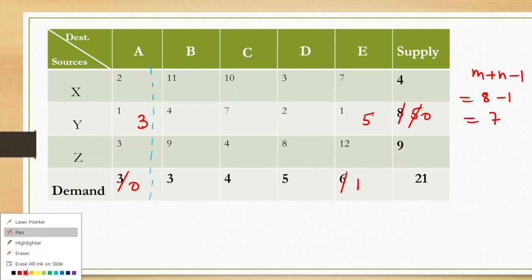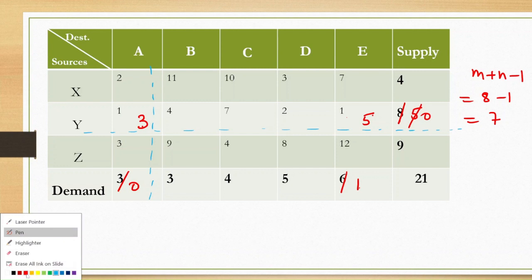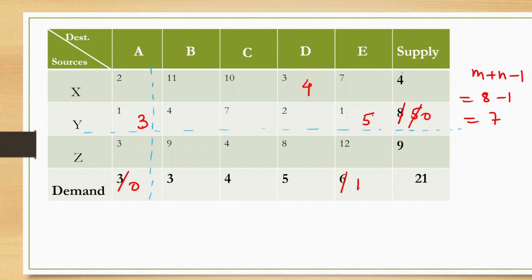Again looking for the minimum cost cell, but not in this particular row, but in the remaining ones. I'll take 3 here now, as 3 is the lowest one. The minimum of 5 and 4 is 4. This becomes 0 and this becomes 1.